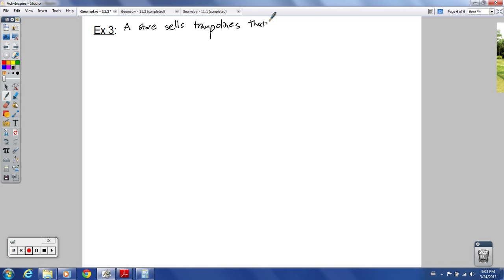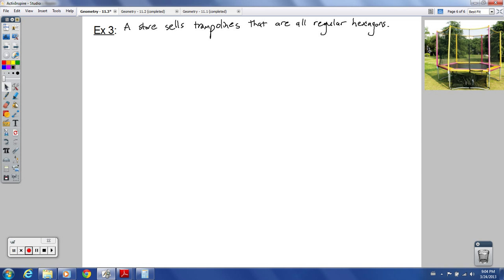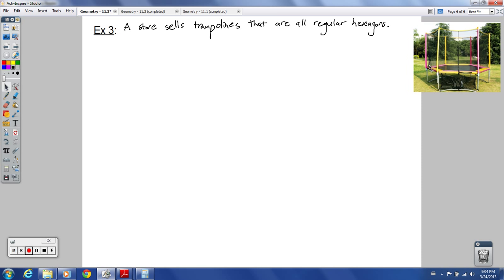Sells trampolines that are all regular hexagons. And before you say, that's crazy, I've never seen a regular hexagon trampoline before, now you have! There is a regular hexagon trampoline. Yes, they exist. They're not always circles. You can also buy regular octagon trampolines.